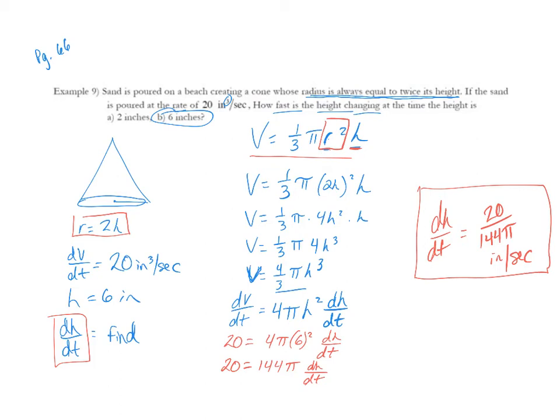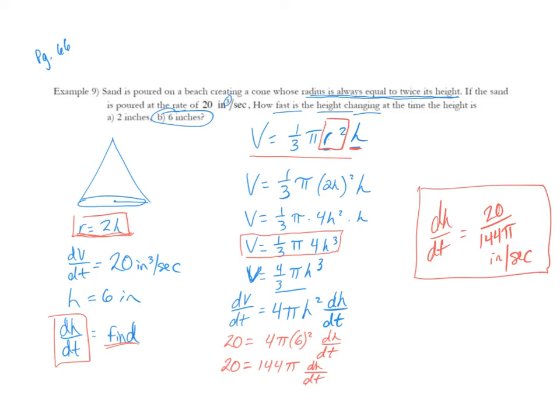Because I needed to get a function that was all based on one variable on the right-hand side, namely our h, because that's what I was looking to find, I needed to replace r with something having to do with h. Well, they very kindly told us that r is equal to 2h, so that's what I could replace r with. It's kind of like a substitution that we have going on here.